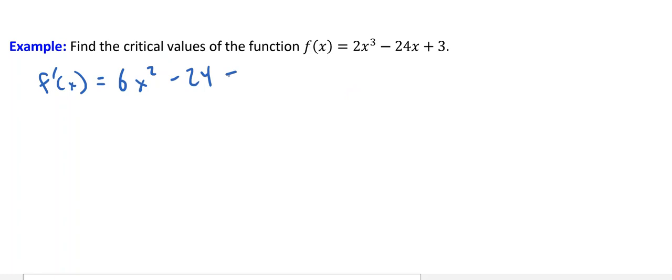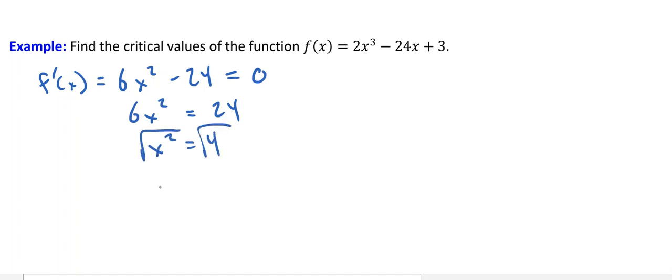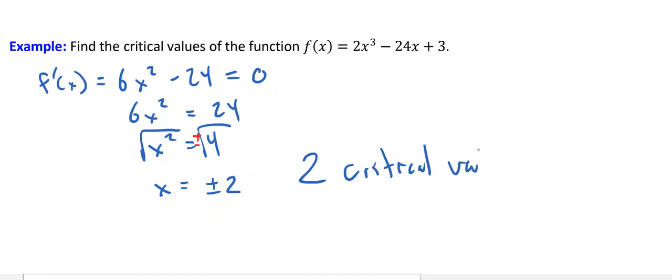So let's set it equal to 0. And so we have 6x squared equals 24. x squared equals 4. Taking the square root of both sides, we get x is equal to plus or minus 2, because we have to account for the positive and the negative square root. So we have two critical points, or two critical values, at x equals 2 and x equals negative 2.